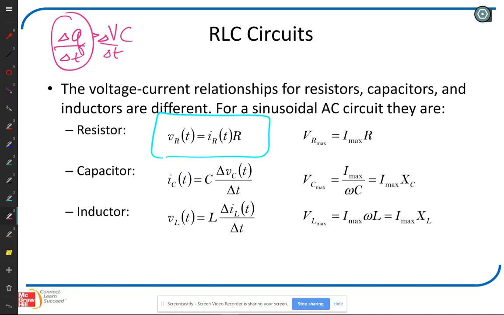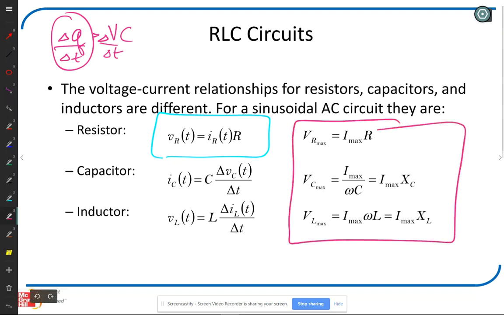For the inductor, the induced voltage was the inductance times the rate at which the current is changing. Once again, with calculus, you're going to have an omega t aspect there. And so we can make Ohm's law equivalents for all three of these devices. The maximum voltage across a resistor is the maximum current times the resistance.